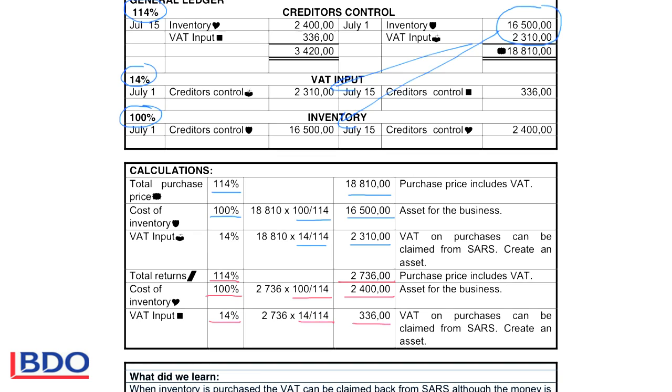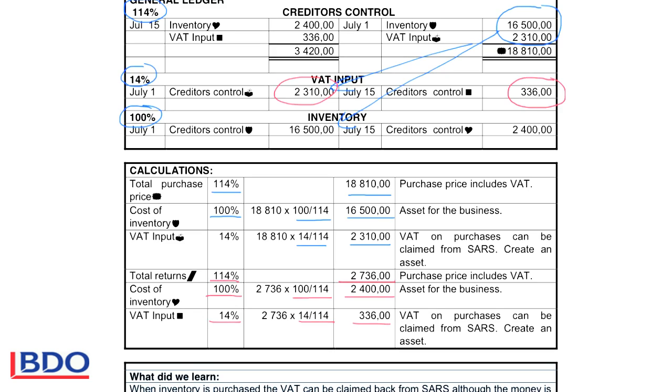Now, when we bought the goods, we claimed back the 2,310. When we return goods, it means that we can't claim back that 336 anymore, and that means that we must show that we owe the 336 to SARS again.